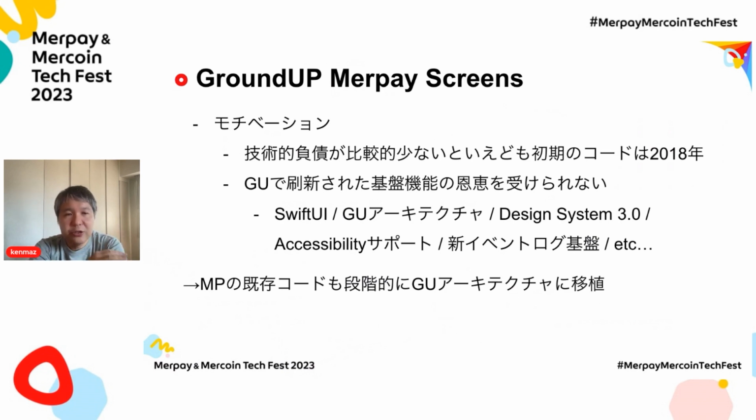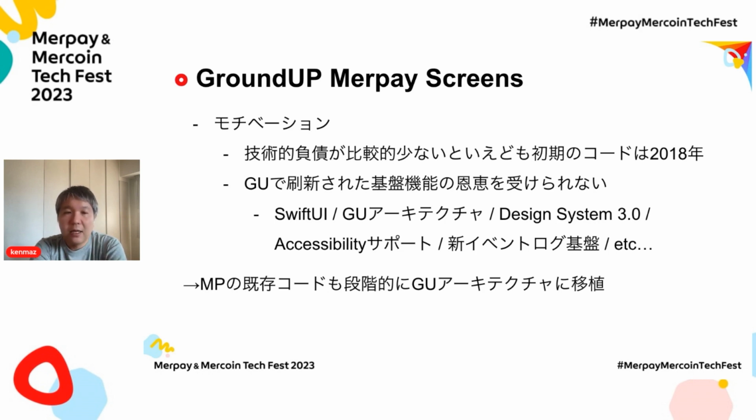Of course, it uses UIKit, and there was an issue of not being able to receive the benefits of the functions that are renewed by GU. The new architecture, design system 3.0 and the UI library need to be updated, and design system 3.0 only applies to the new GU.